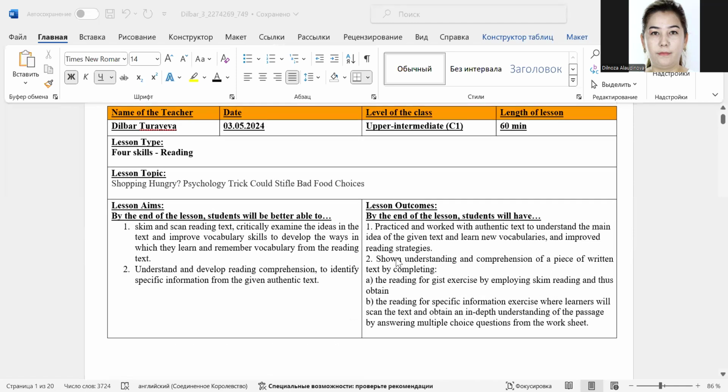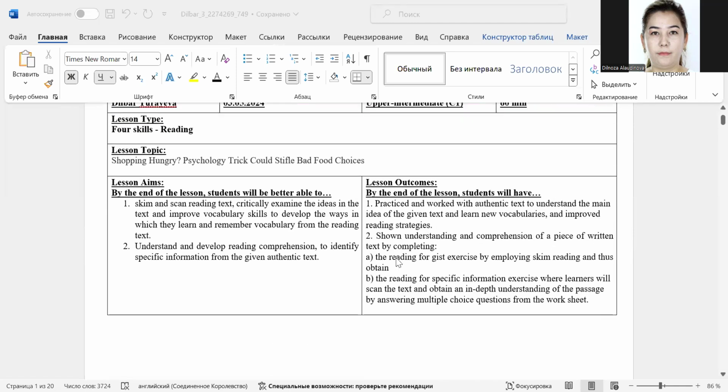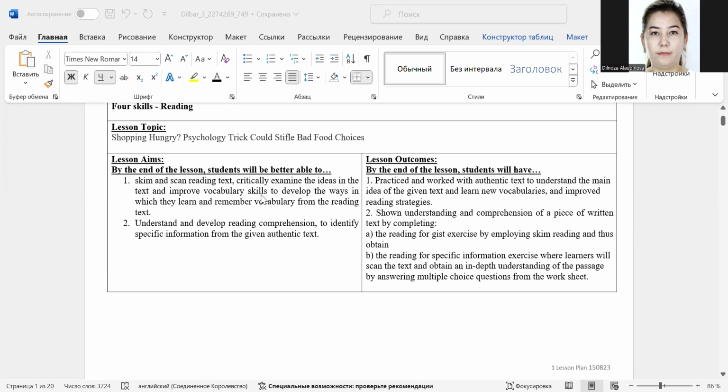Now, I'm going to introduce you to the four skills about reading. Shopping hungry, psychology trick could still feel bad for choices. The theme, the name of the subject of the theme. There are lesson aims and lesson outcomes.